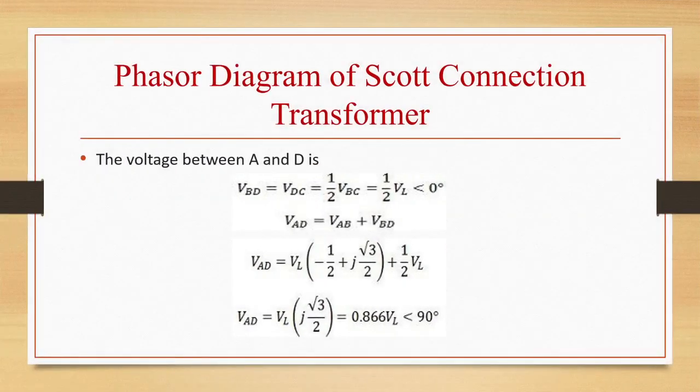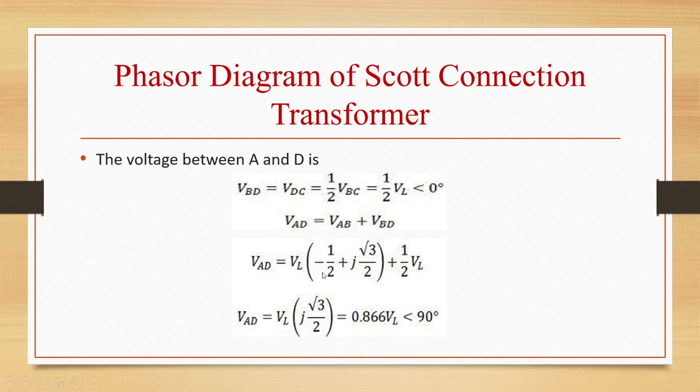So the voltage between A and D: VBD is VDC is 1 by 2 VBC, that is half VL. VAD equals VAB plus VBD. AB plus BD is VAD. Now substitute the values. This is VL into minus 1 by 2 plus j root 3 by 2, plus half VL.